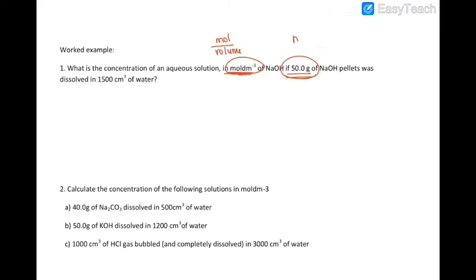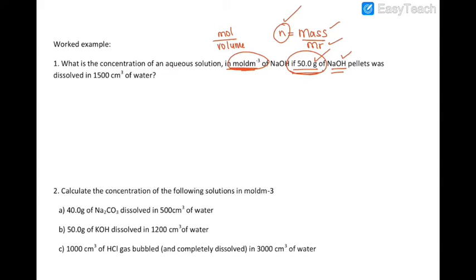From mass, you can find the number of moles, because you will need the number of moles to get the value in mole per dm cube. Remember, number of moles is mass over Mr. You know the mass, you know the substance, so you will know the Mr.